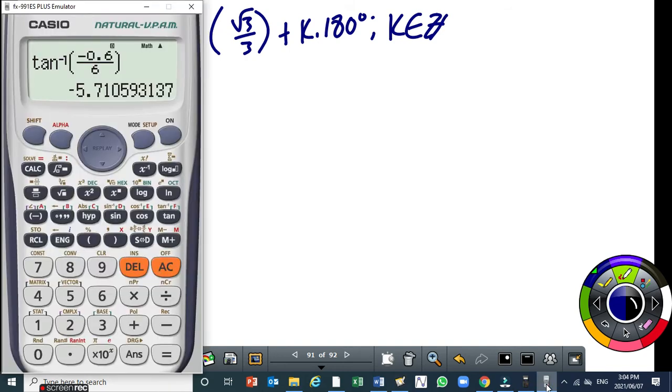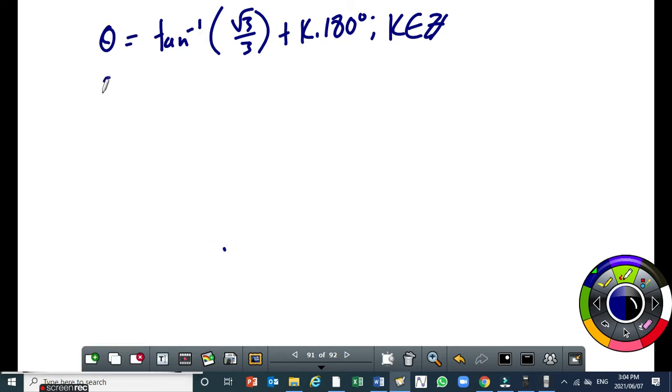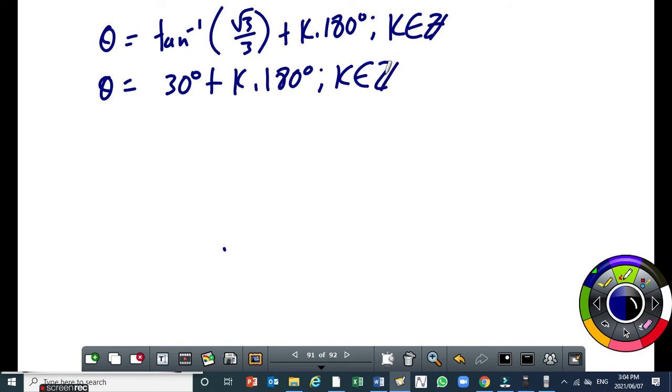So you end up getting shift tan of square root of 3 over 3. That's 30 degrees. So this will be theta equal to 30 degrees plus k times 180 degrees, where k is an integer. So this will be your answer.